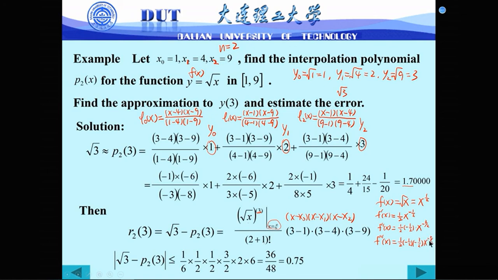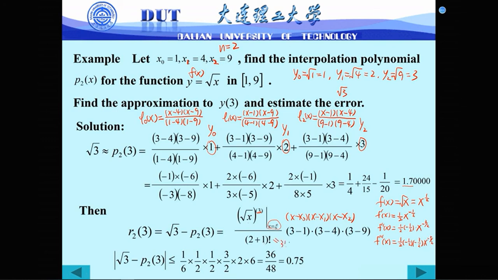The power is negative, so the maximum should be when x equals 1. It's okay? x equals 1. So now don't forget, here we have 2 plus 1 factorial. 2 plus 1 is 3. 3 factorial, right? Okay, here I write here.